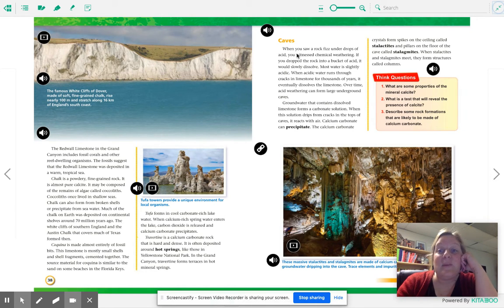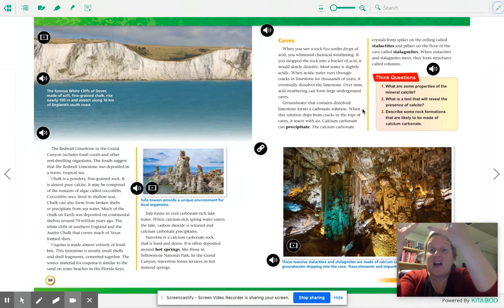Okay. Lastly, we have caves. We learned about this in the video yesterday. When you see rock fizz with drops of acid, you witness chemical weathering. Chemical weathering is happening in the caves. Groundwater that contains dissolved limestone forms a calcium carbonate solution. When the solution drips from the cracks in the top of the caves, it reacts with the air, and the calcium carbonate can, again, that word precipitate.